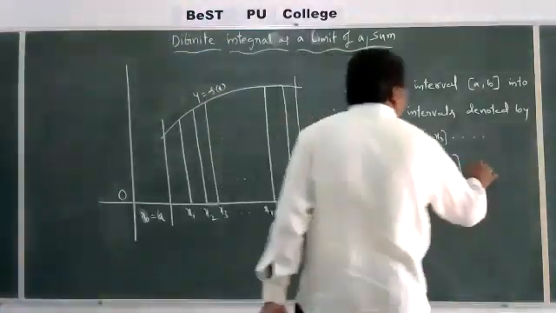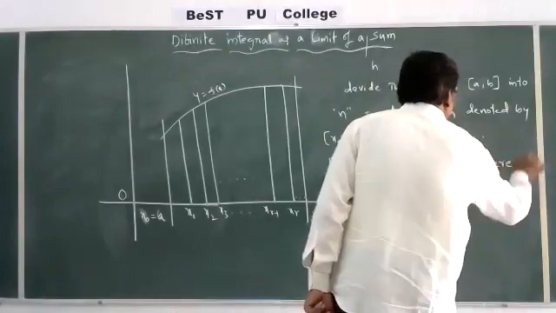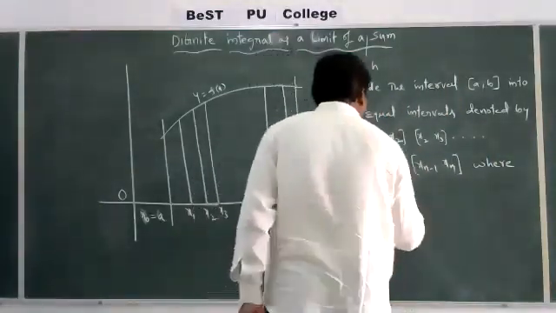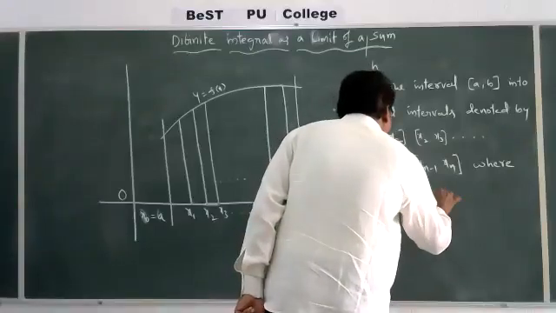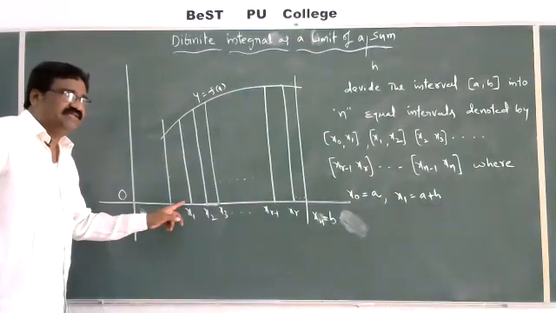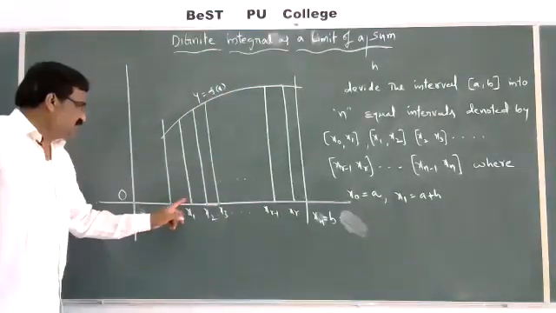Where x0 is equal to a, x1 is equal to a plus h. That is, the width is h units. This is a, this is h.